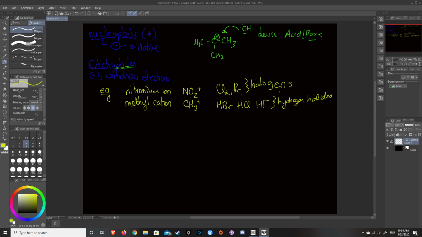But then we also have interhalogens, which can work as very good electrophiles, and interhalogens are just a mixture between halogens: ClBr, ClF, ICl. So those are three groups that we're going to discuss later on in this lecture: halogens, interhalogens, and hydrogen halides.